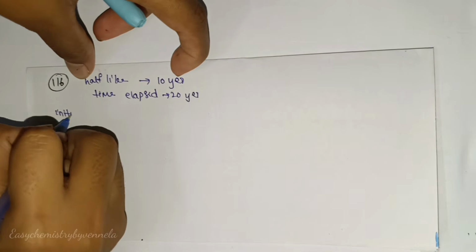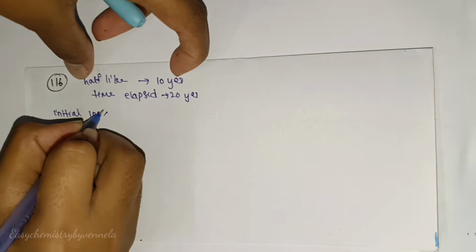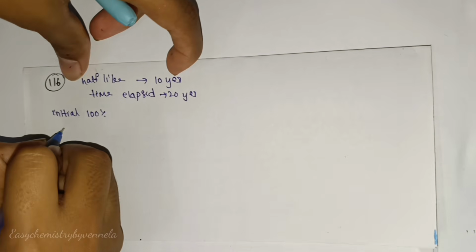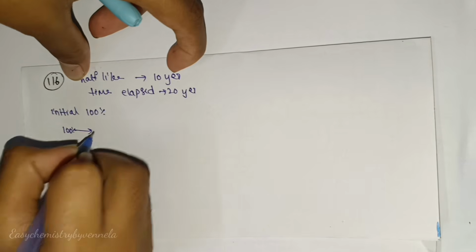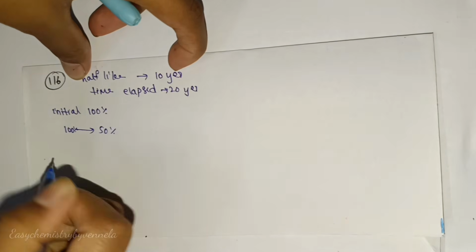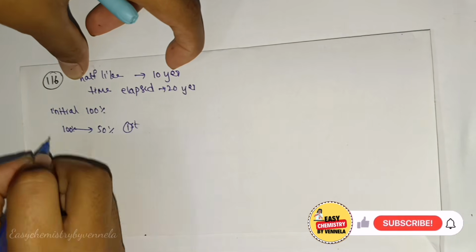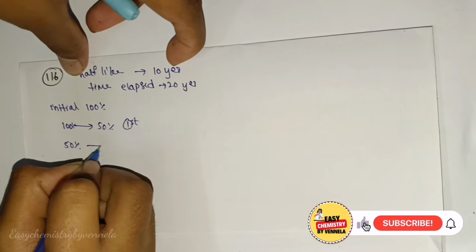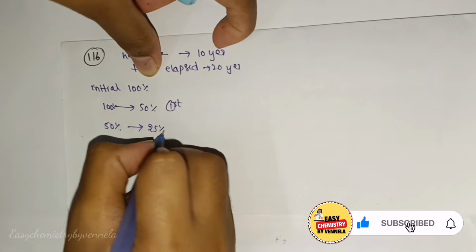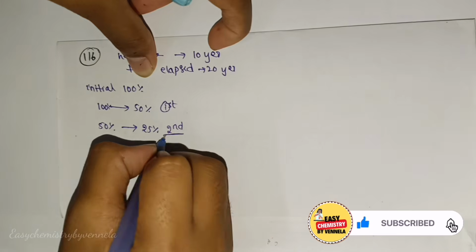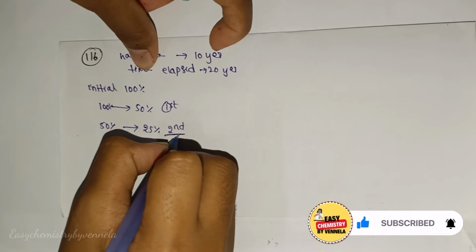Initial is 100. So, first half-life, that is after 10 years, that is 50. This is the first half-life. Next, half of 50 forms 25. This is the second half-life.